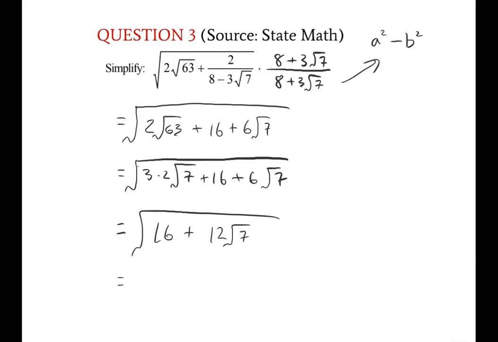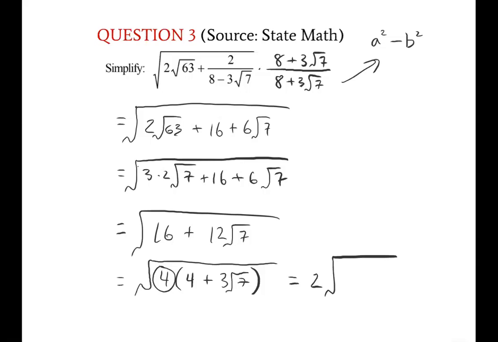And then this entire thing is divisible by 4. We can take 4 out of both of these, and we're left with 4 times (4 plus 3 root 7). Now we can move this 4 out to get 2 times (4 plus 3 root 7). And that is your answer.